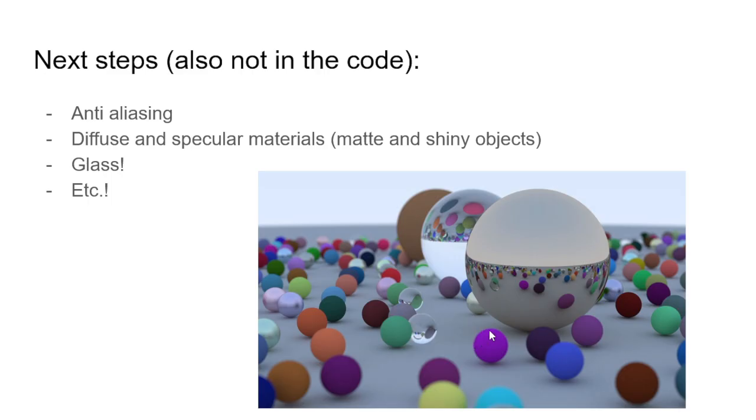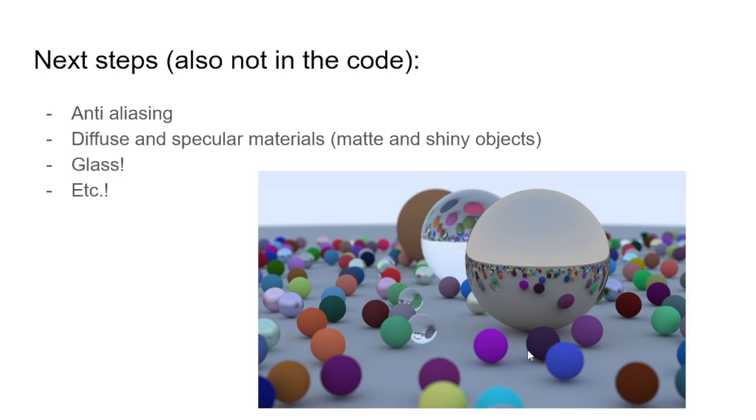Diffuse materials are kind of like flat materials. So we see these spheres here, right? If a ray hits the sphere, these rays don't just hit the sphere; they bounce around, right? Light bounces back off the sphere, so it's going to bounce into one of these other spheres.